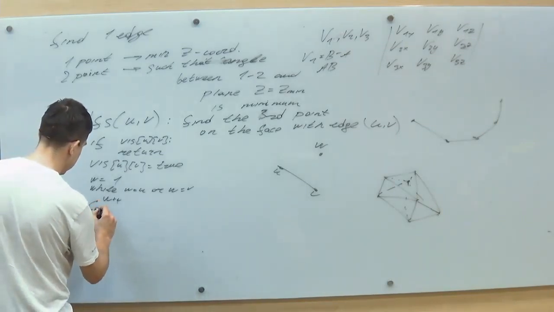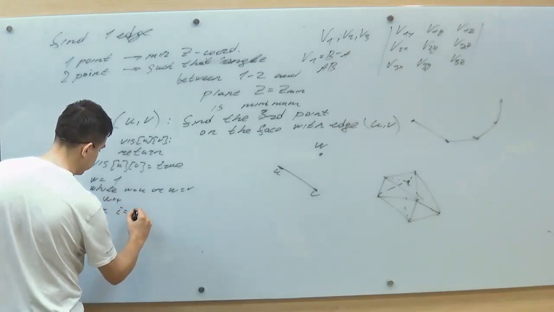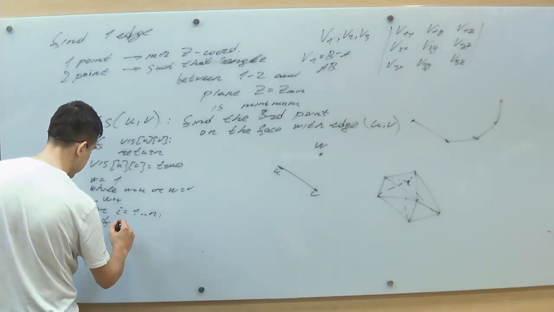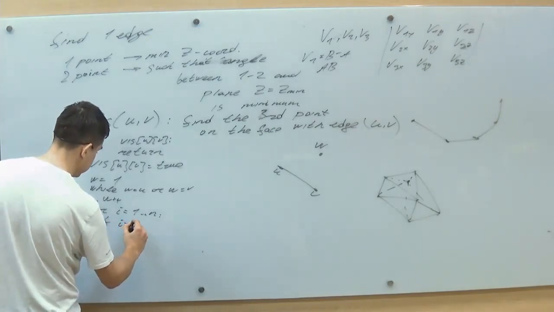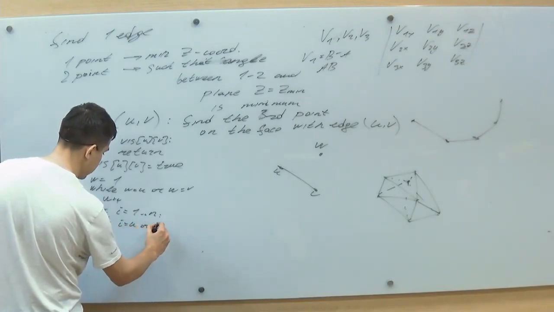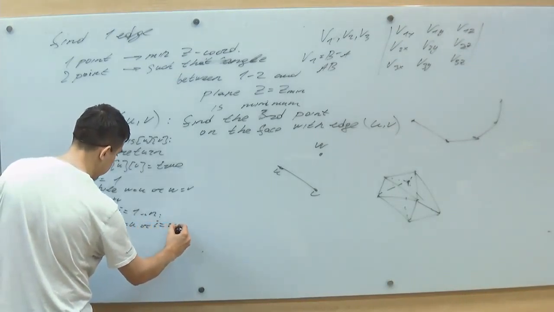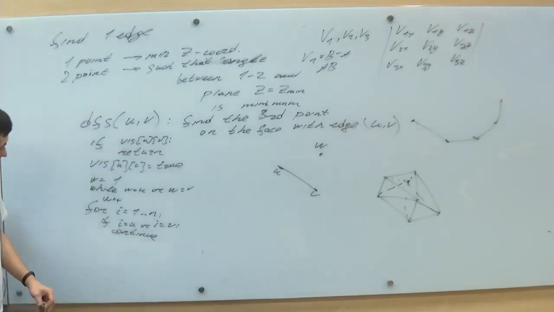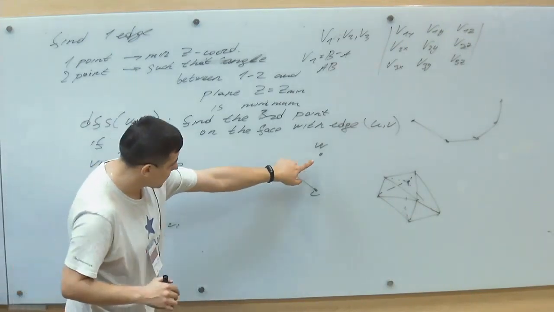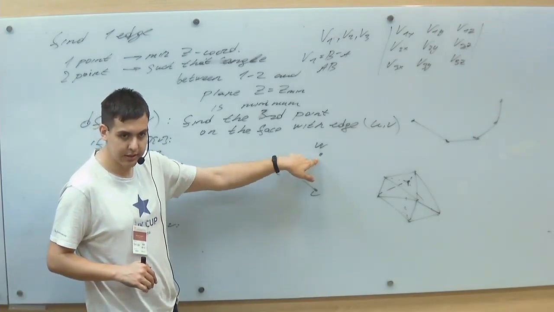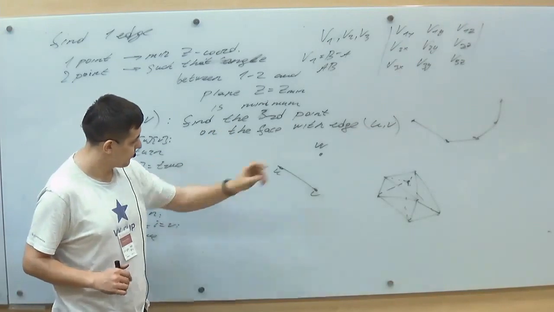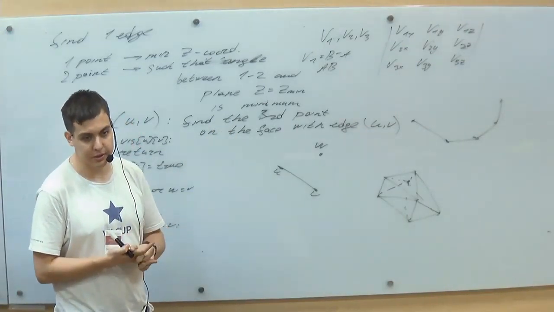So for I from 1 to n, if I is U or I is V, we don't check. And now we need to compare. So we have this edge and we have another point. And we need to check, is any other vertex better than this one?